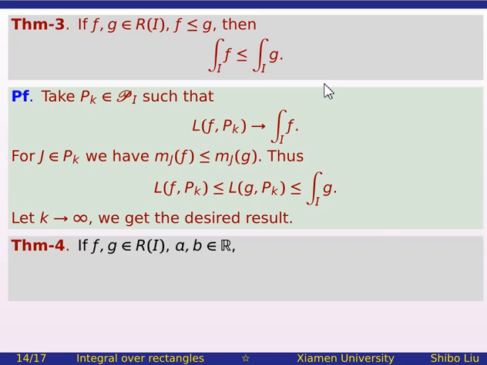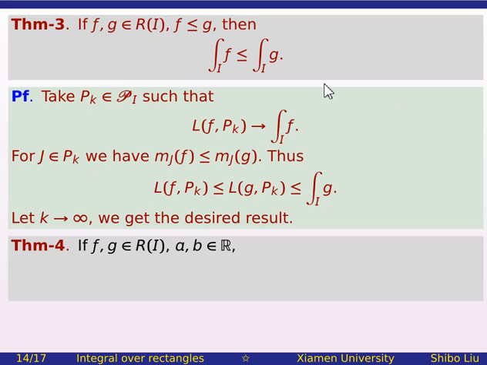Finally, we study the linear property. Suppose f and g are integrable over the rectangle I, and a, b are two real numbers. A natural question is, how about the integrability of the linear combination of f and g?